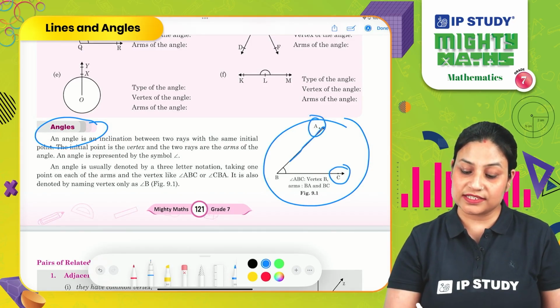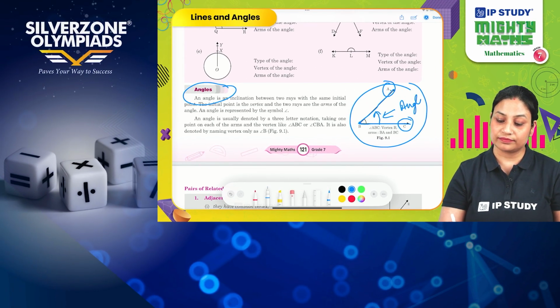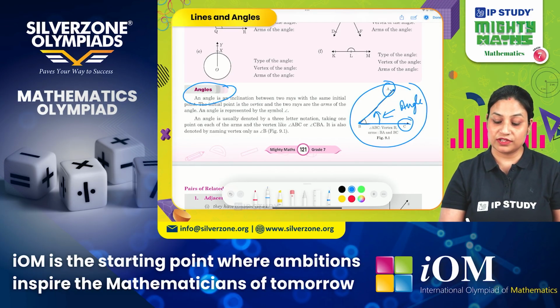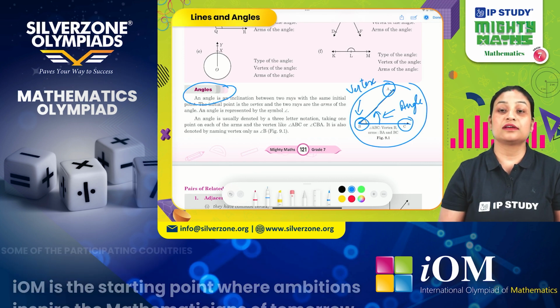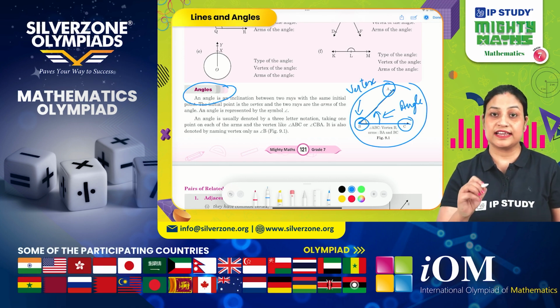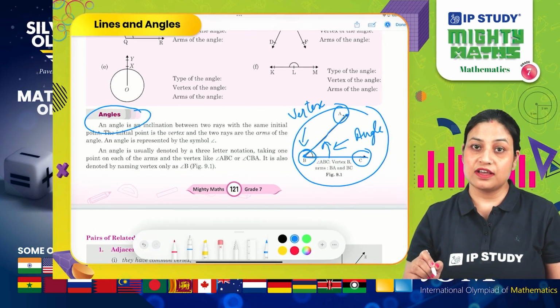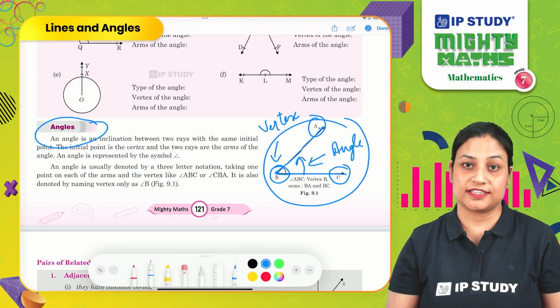When two rays meet at a common point, the inclination between these two rays is called an angle. And these two rays meet at a common point, I've said. This common point is called the vertex. Am I clear to you? So what is an angle? An angle is an inclination that is formed between two rays which are joined at a common point, which we call a vertex.